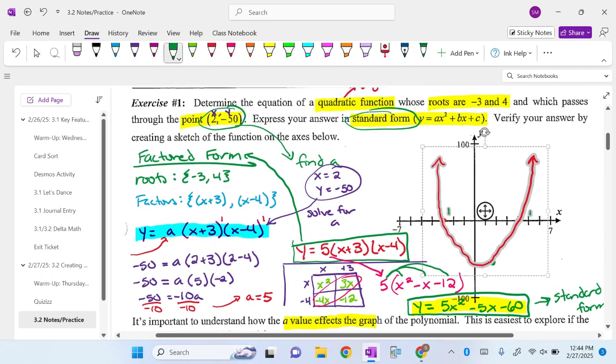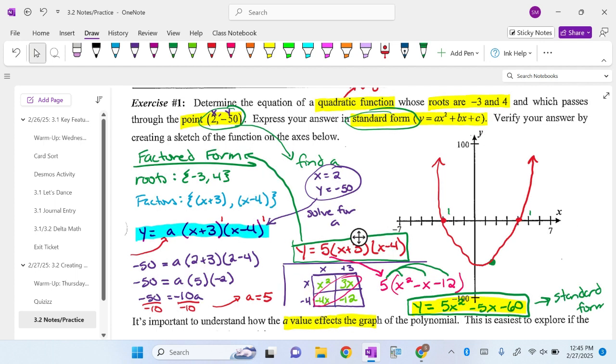I used the factored form and the point that it passes through.